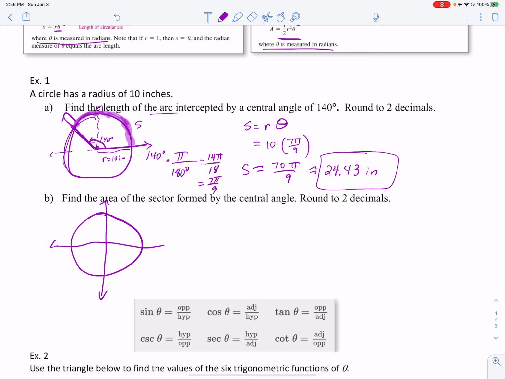So we have 1/2 times the 10 squared times 7 pi over 9. You have 100 times 7, 700 pi over 18, or 350 pi over 9.